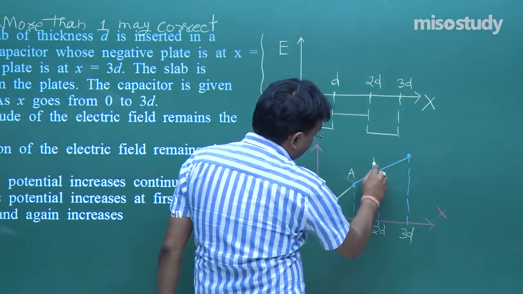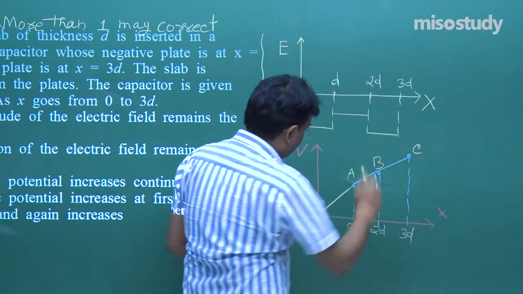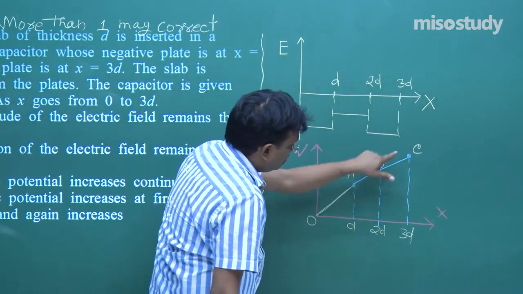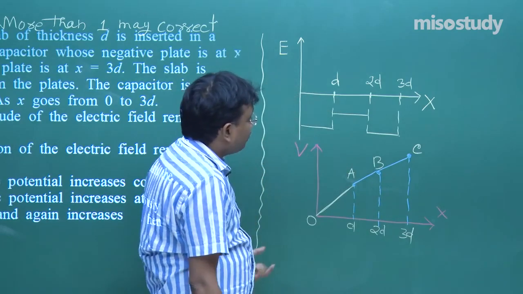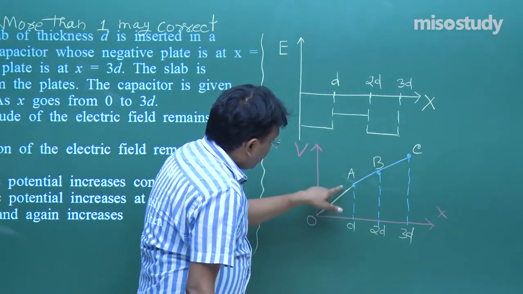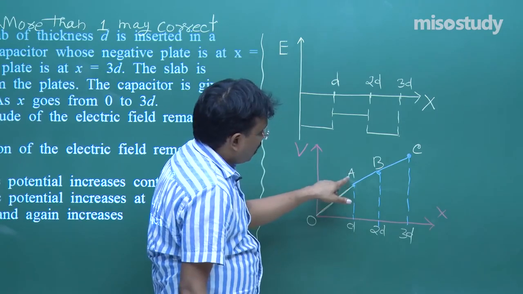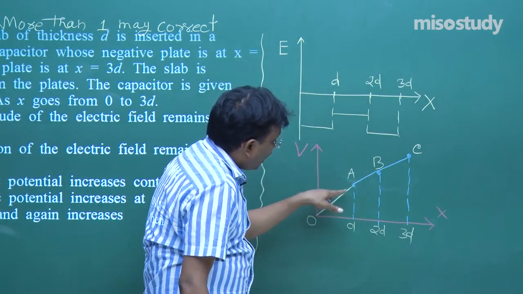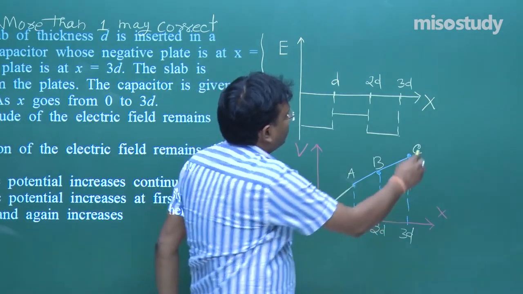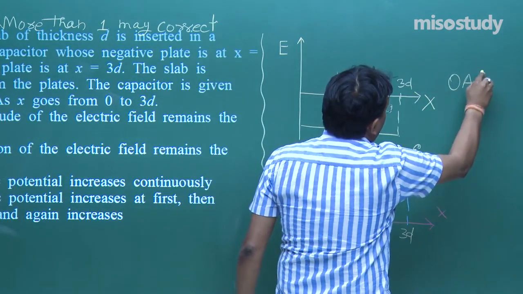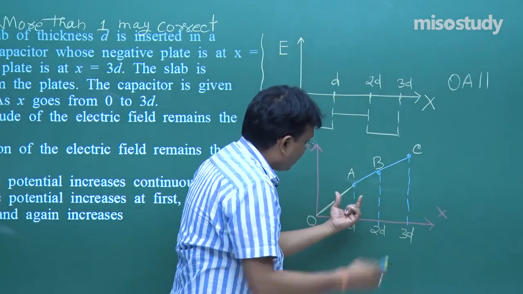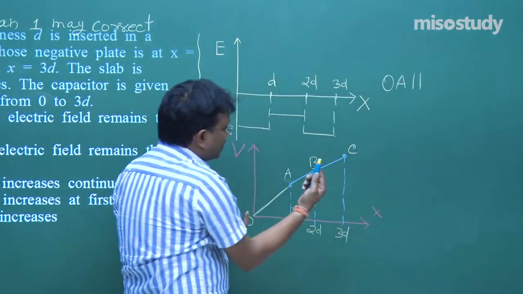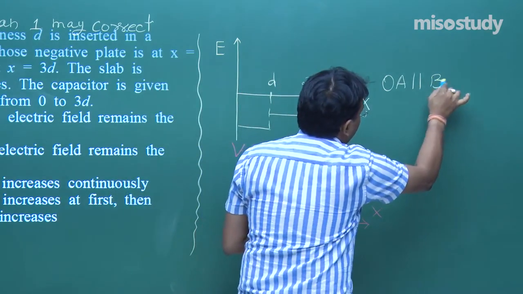So A, B, C, and OA, OB, AB, these points are like this. Now, listen carefully. OA and BC are parallel. If it is not visible from this diagram because I am drawing it freehand, some variation is possible, but the situation is like this.